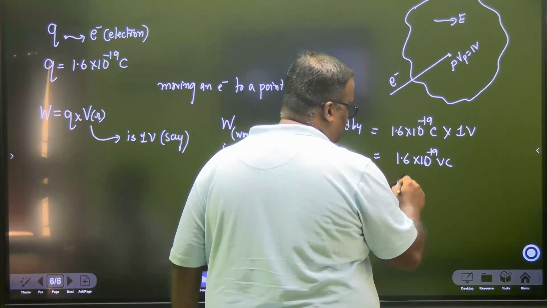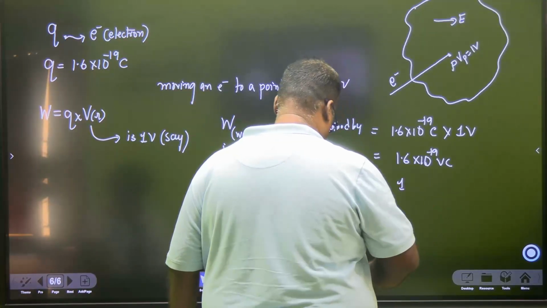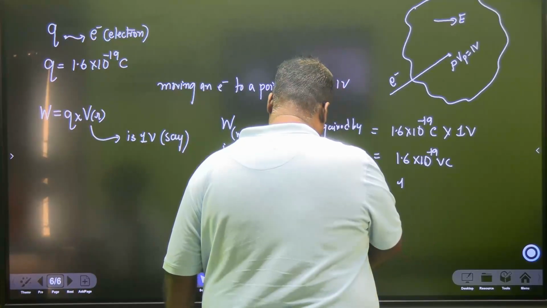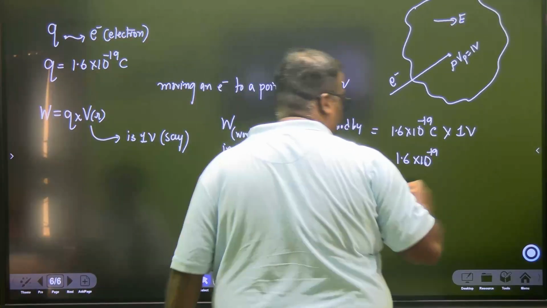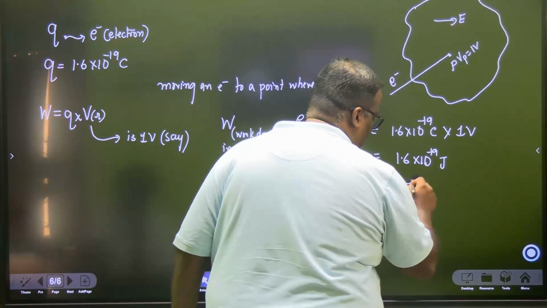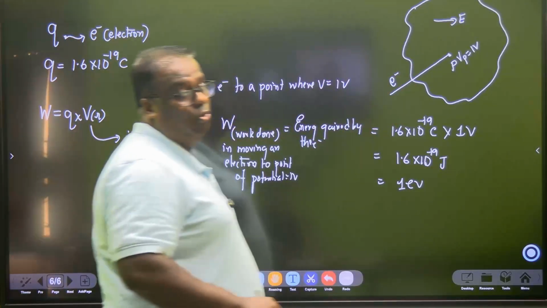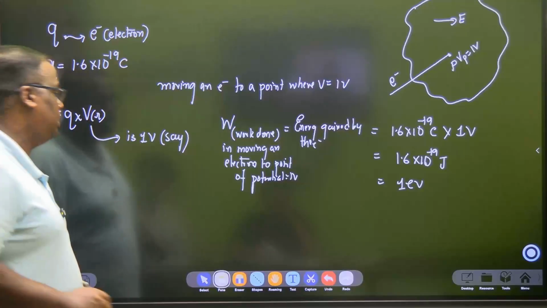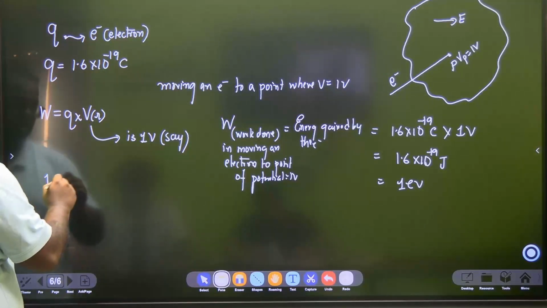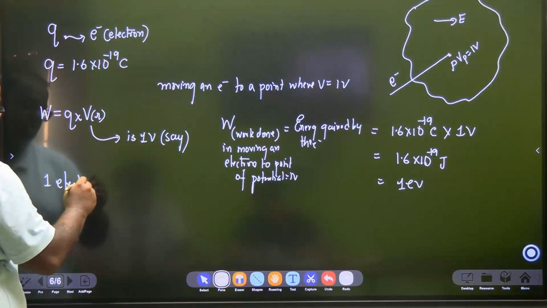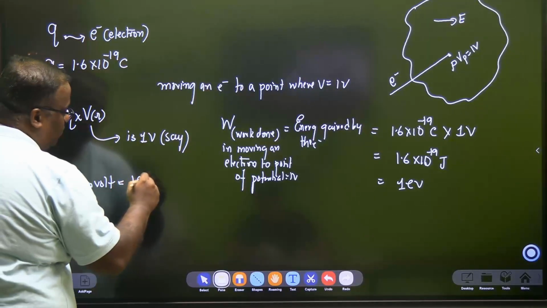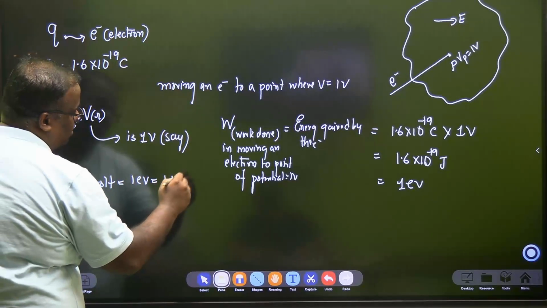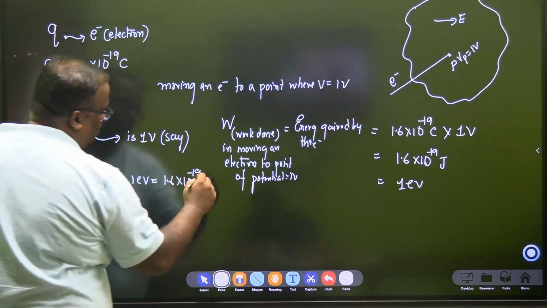This is 1 volt into coulomb, and volt into coulomb is what? Volt into coulomb is joules. So this is joule, and this unit in atomic physics is known as 1 electron volt. So write down: 1 electron volt is written as 1 eV, which is equal to 1.6 into 10 to the power minus 19 joules.